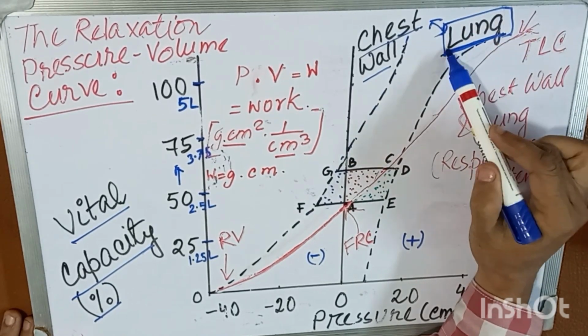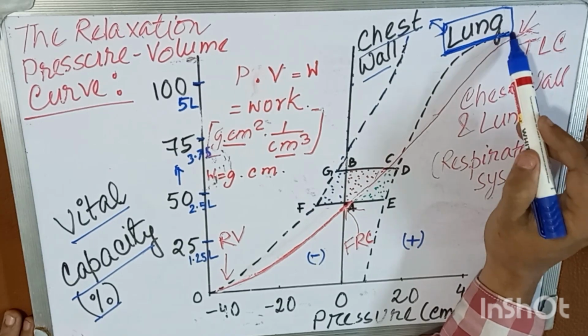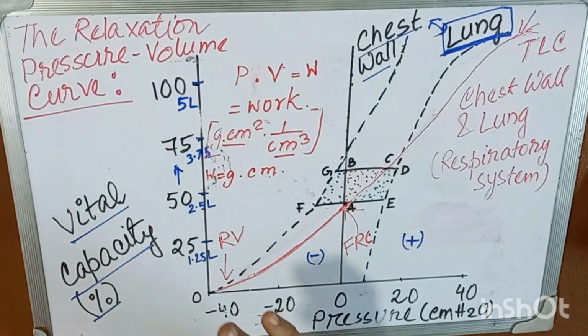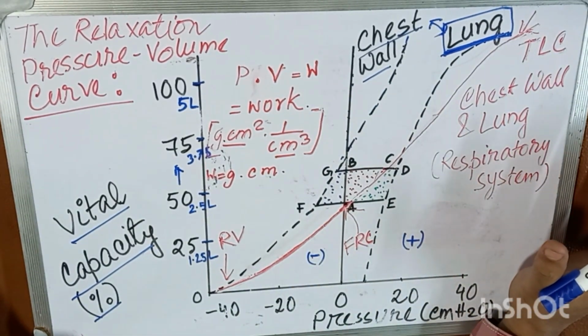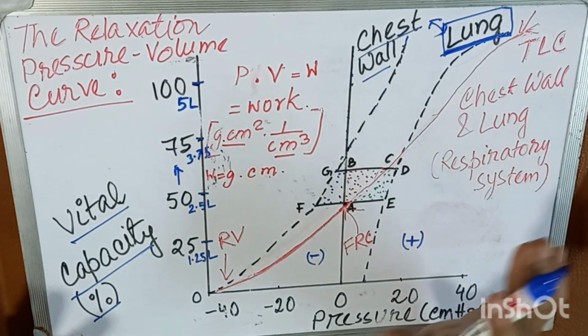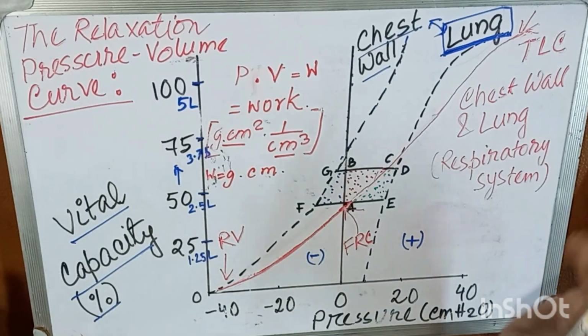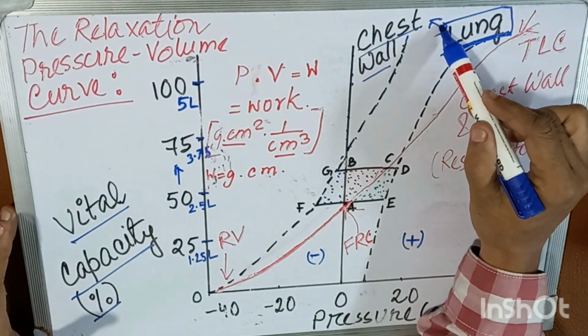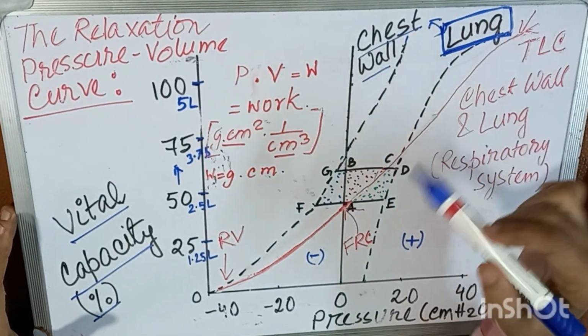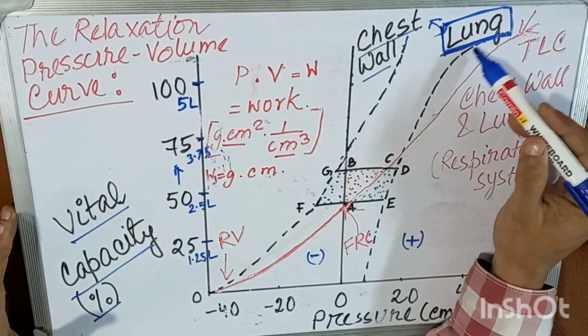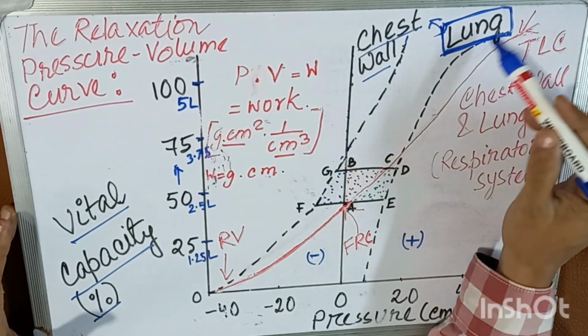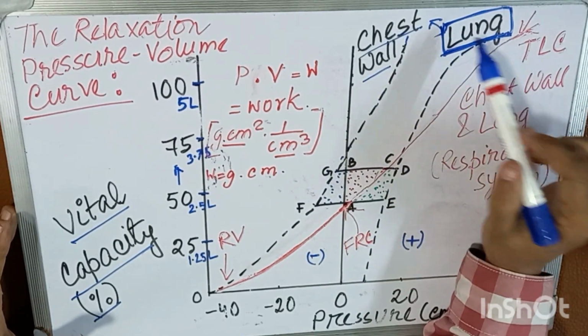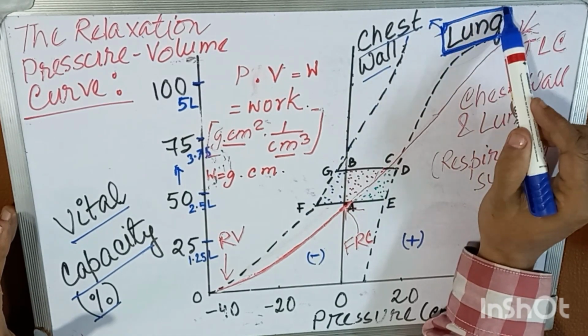Isolated lung means it is not present inside our body. Rather, we have dissected the lung out from our body, and we see the expansion of the lung. The lung is independent now. This type of expansion is for the lung tissues only. This lung is not inside our body.